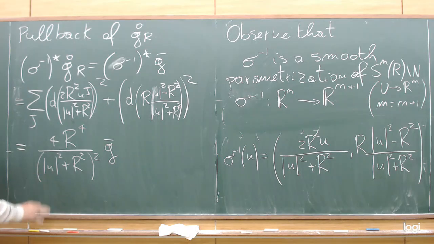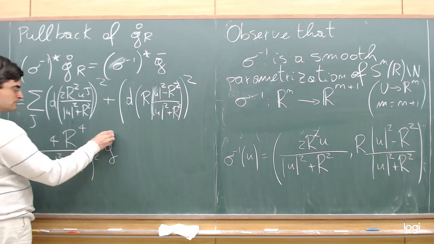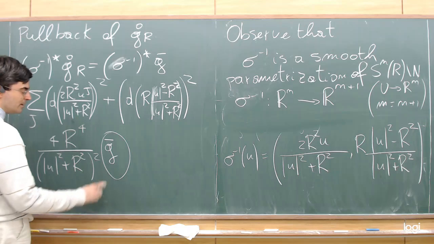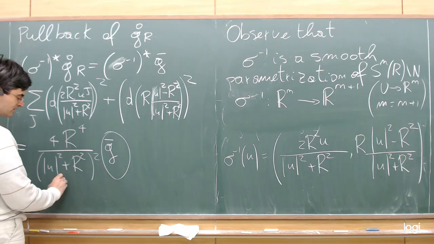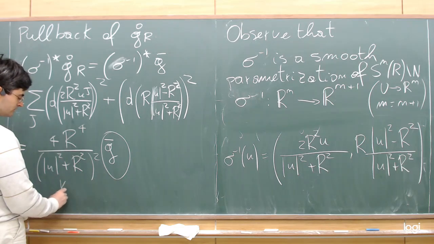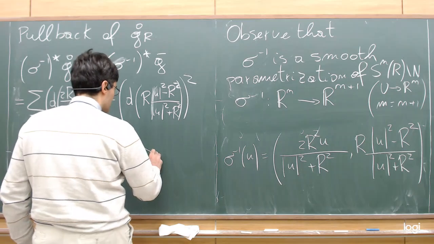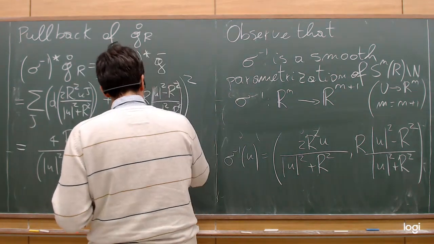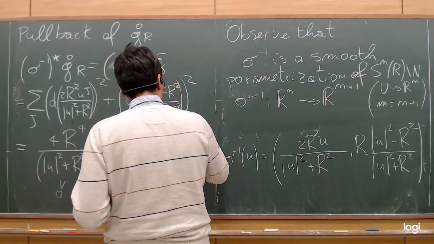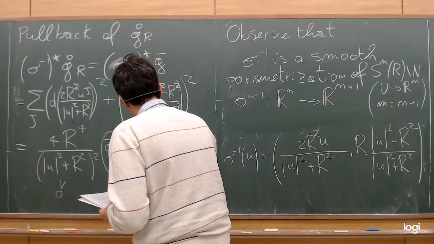So we found that the pullback of this metric is given by the Euclidean metric multiplied by a strictly positive function. And this says that sigma is conformal.